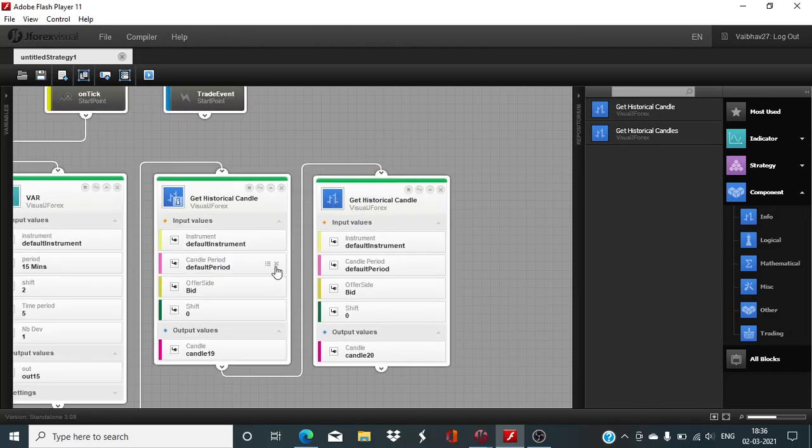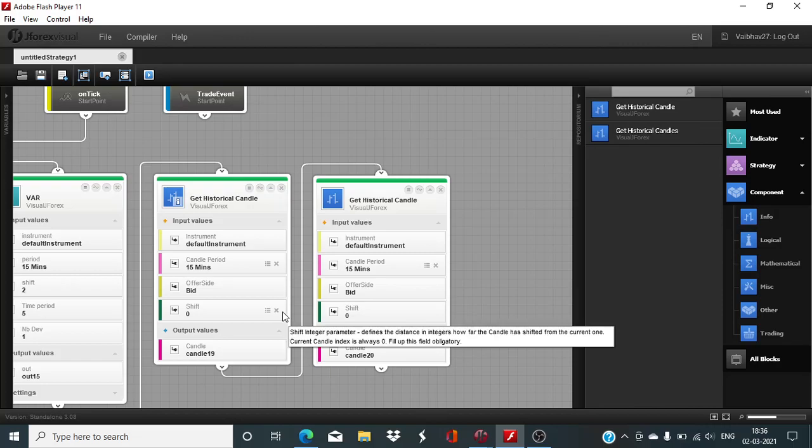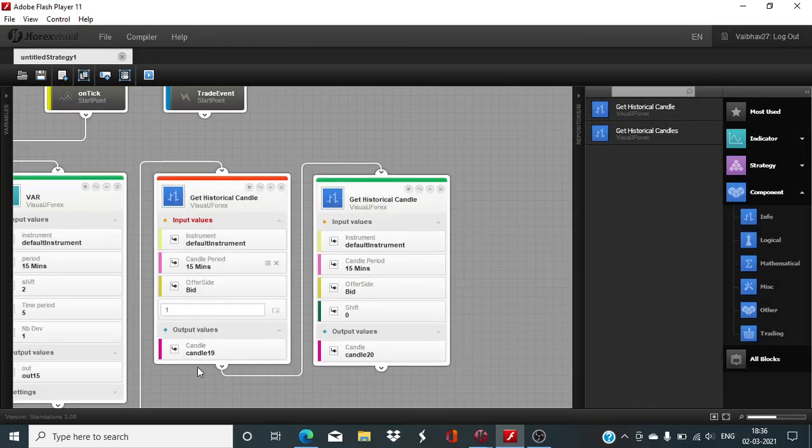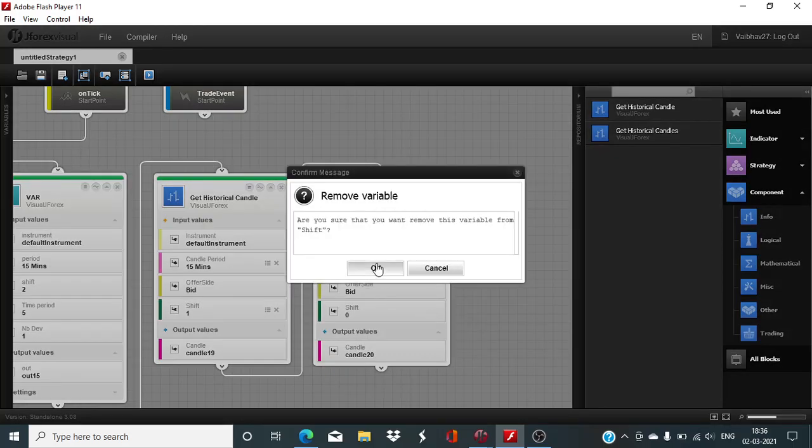So here I will change the time candle period to 15 minutes. Shift value of 1 and 2 respectively. 1 and 2.